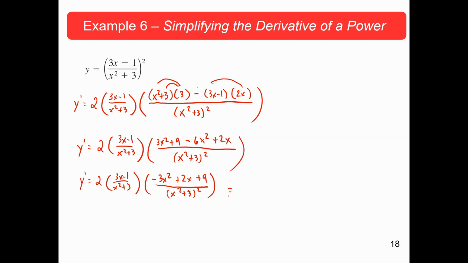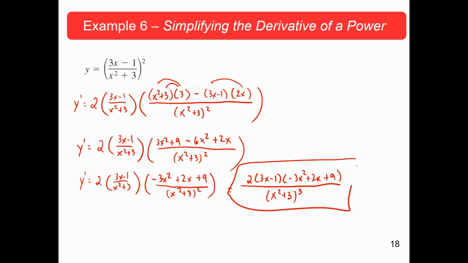So when we multiply this out, I'm going to leave everything in factored form. So 2 times 3x minus 1 times negative 3x squared plus 2x plus 9 all over x squared plus 3. We have 1 here, 2 here, so cubed. And that's your final answer.